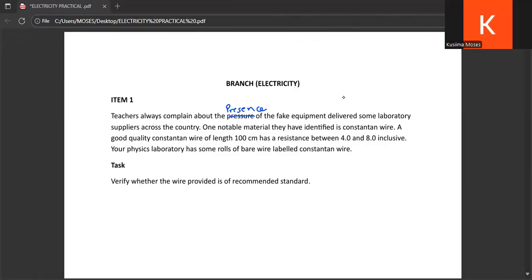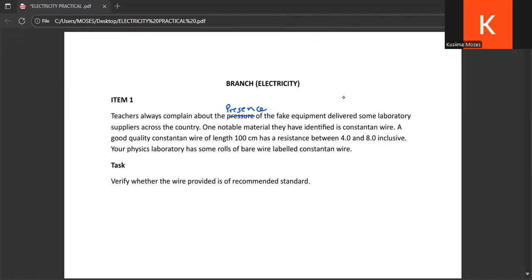Now, based on this scenario, to verify whether the supplied wires are of recommended standard, we must find the resistance of this wire over 100 centimeters. How are we going to do this?